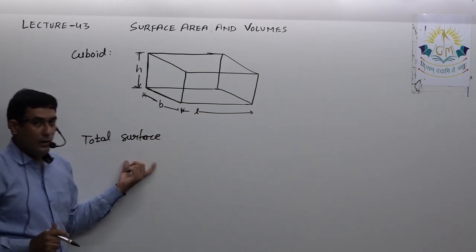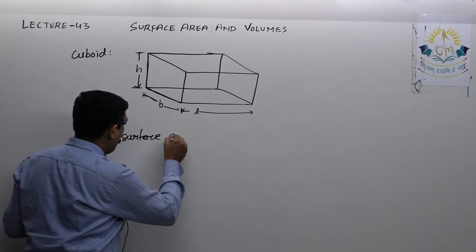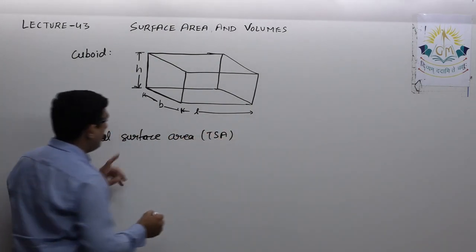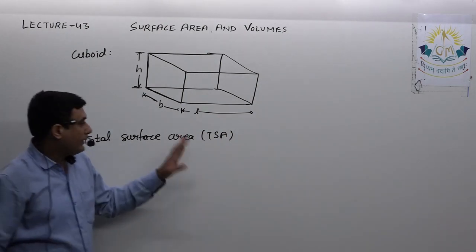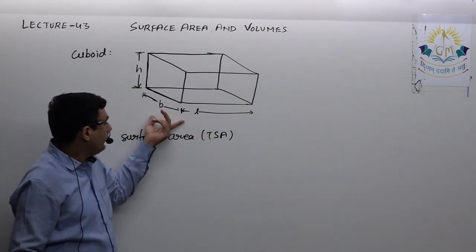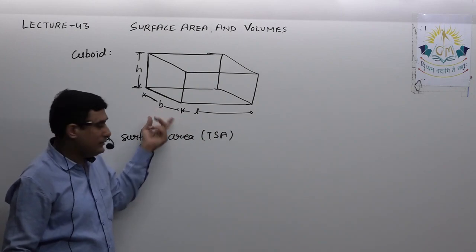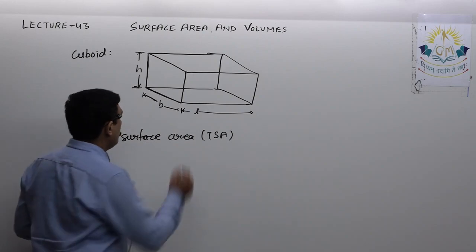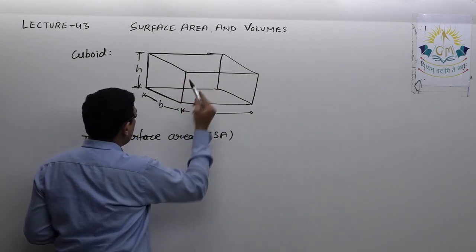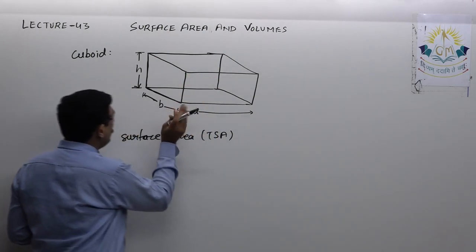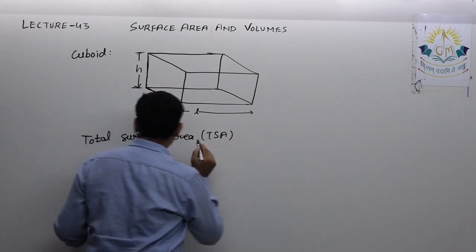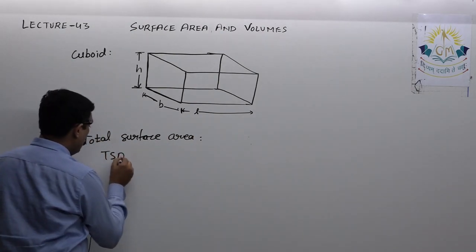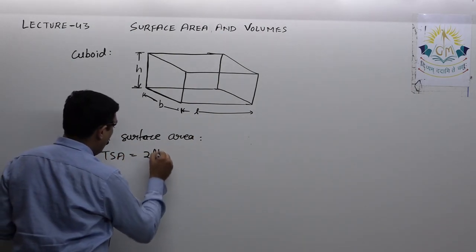All its surfaces are in the shape of a rectangle, and the area of a rectangle we know is the product of its both dimensions, in general length into breadth. So the front surface will be L into B. Similarly the back surface is again L into B. So we get twice of LB.